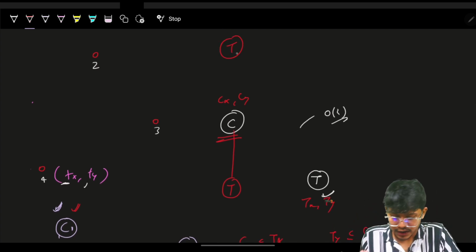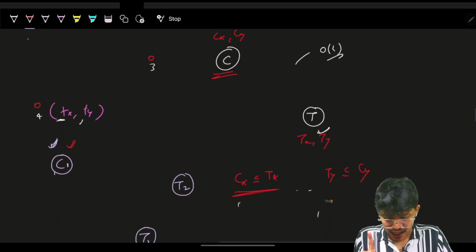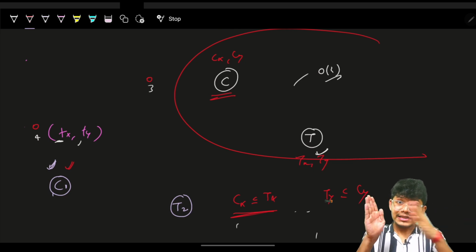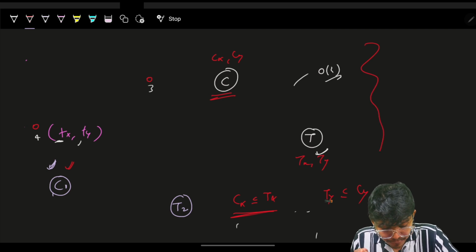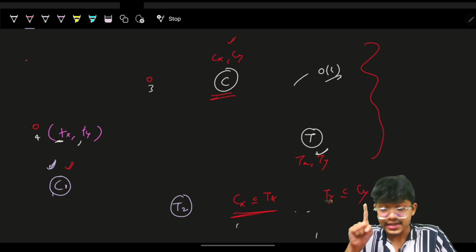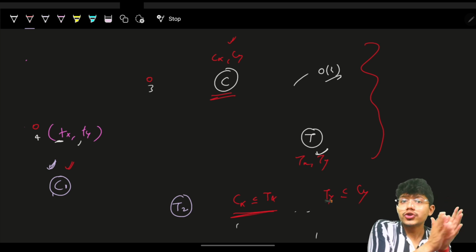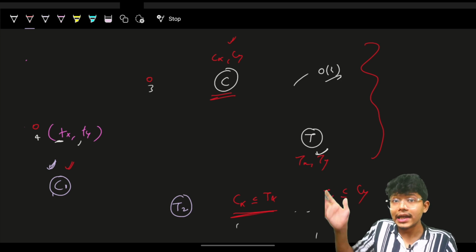Then if the X coordinate is the same, I will align all my points such that, for a C, all my valid T's are after me. So I will not have to go back and forth, I'll not have to go backwards to all the points.